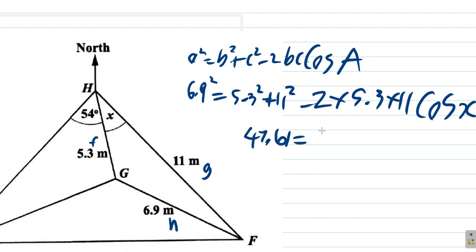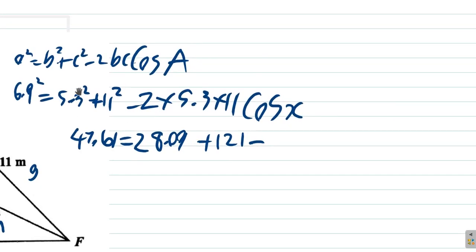What do you get for that? 28.09 plus 11 squared. 11 squared is 121. 121 minus, and then 2 times 5.3 times 11 gives us 116.6 cosine x.